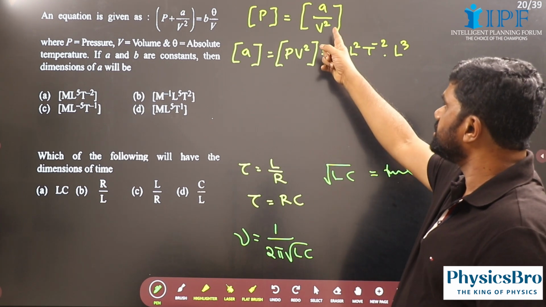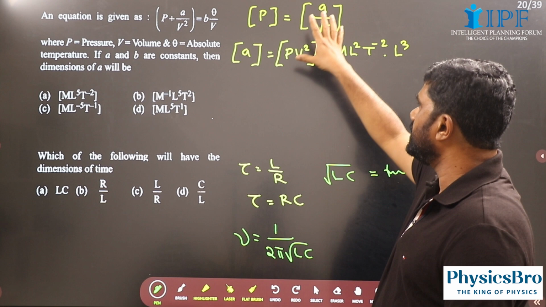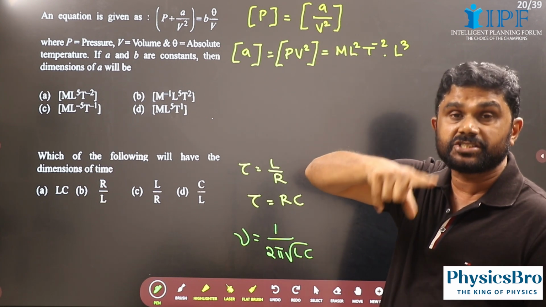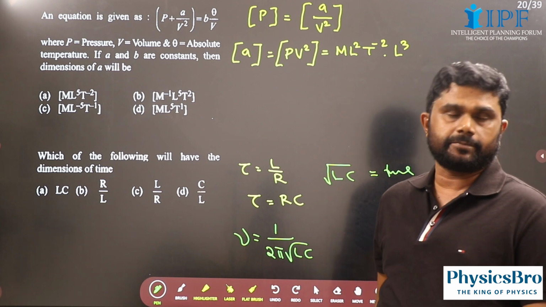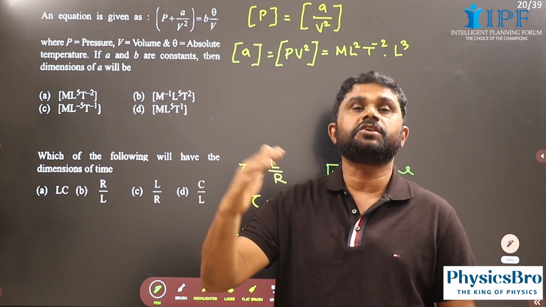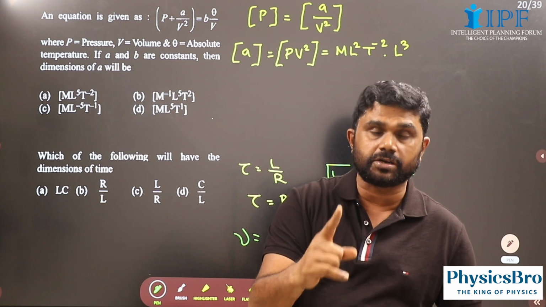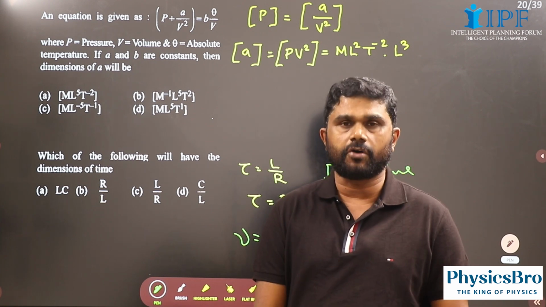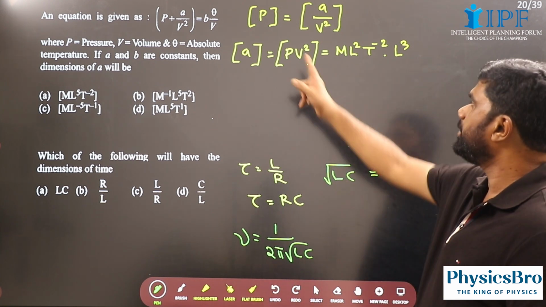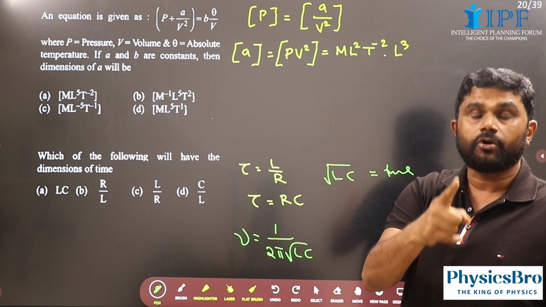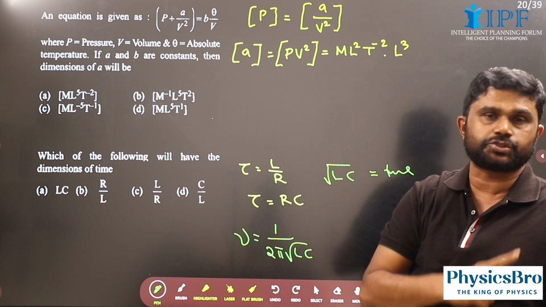Okay, when this V square is taken to the left, we can write the dimensional formula for A must be the same as the dimensional formula for P V square. Okay, see, pressure into volume. Pressure into volume has the dimensions of work or energy. Here we have P V square, of which P V is work or energy, M L square T raised to minus 2.